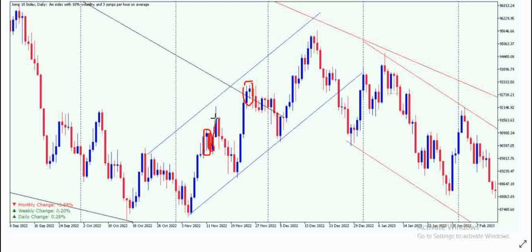You want to be understanding the market behavior. That is how you're going to be able to identify what is really happening, apart from just looking at the candlestick and saying to yourself as a trader that this is a pin bar.